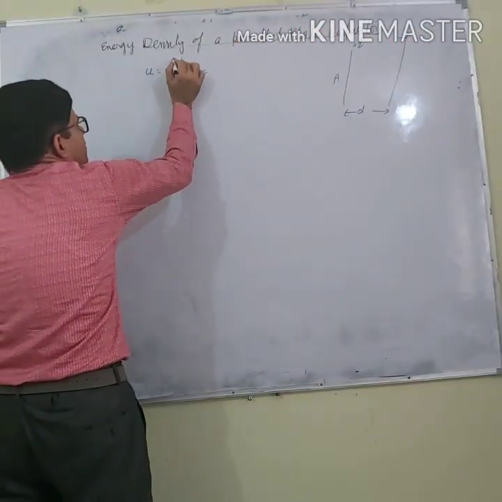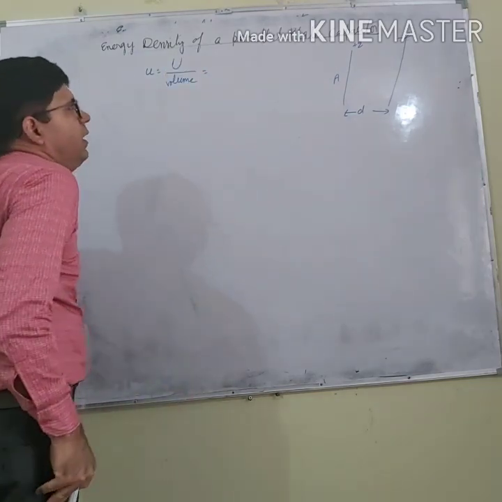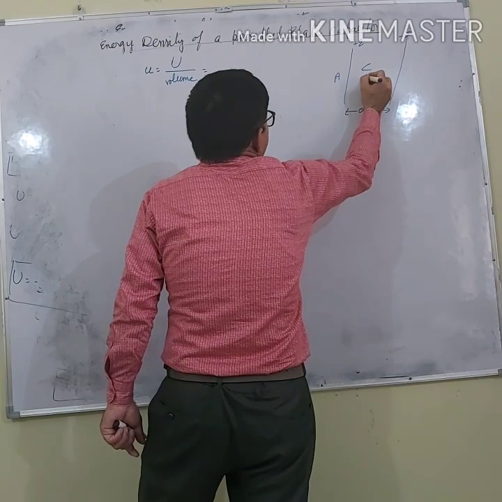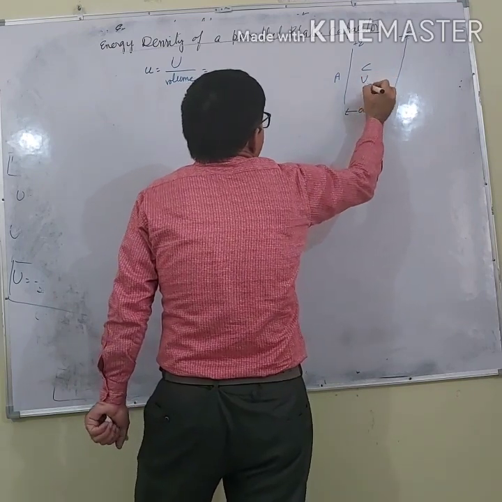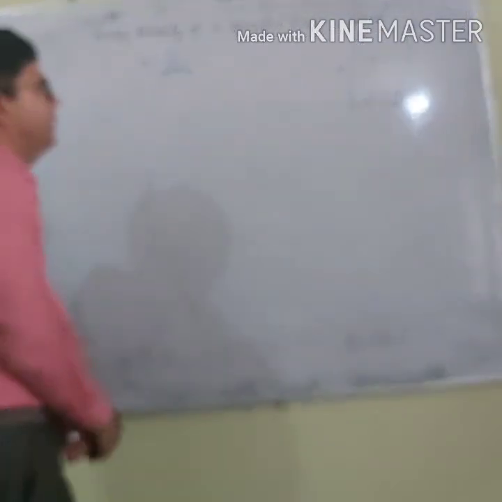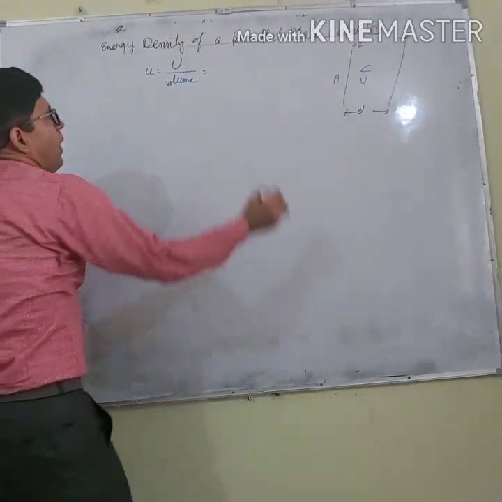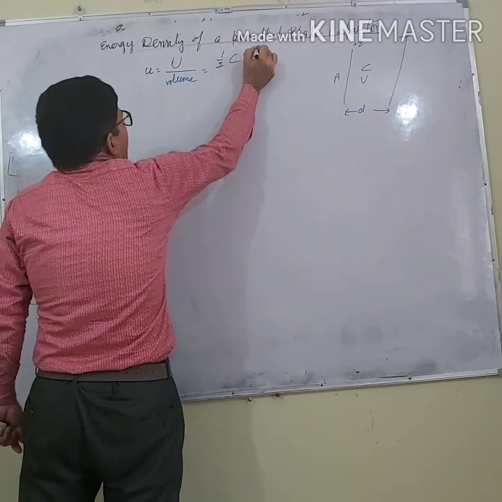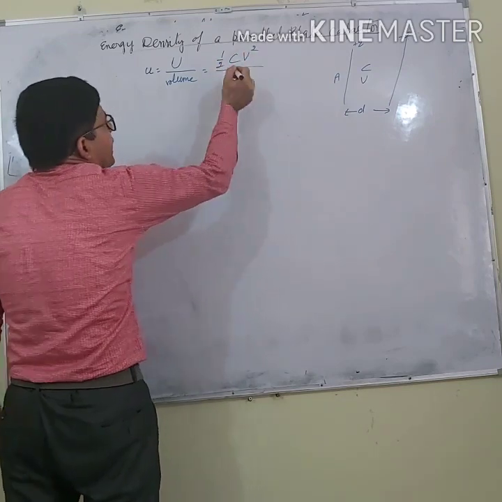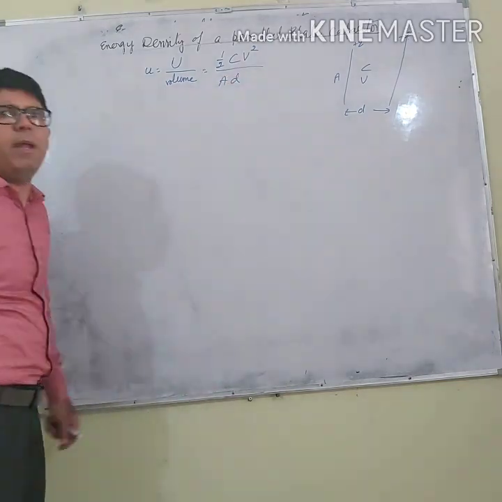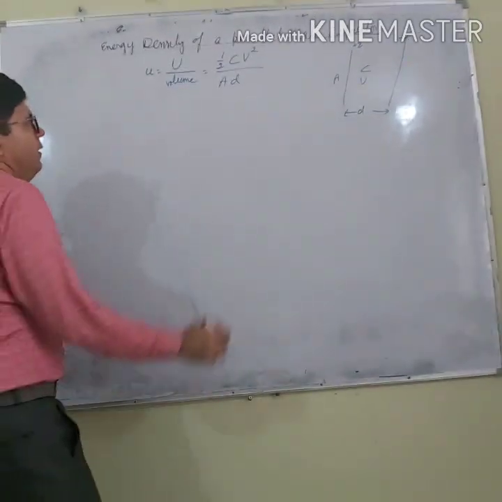Let C be the capacity, V the potential. The potential energy is half CV square, and the volume is area multiplied by the length.